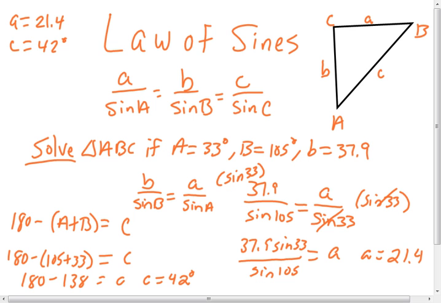The last piece of the puzzle is to find side c. We find side c by using law of sines. We can't use Pythagorean theorem because it's not a right triangle.